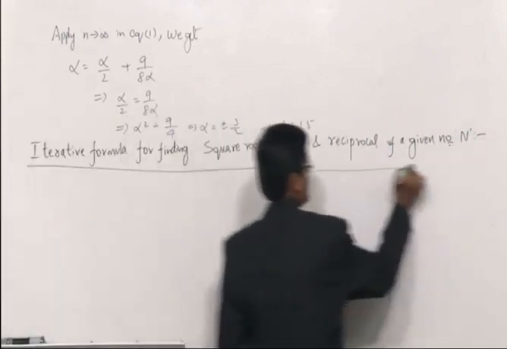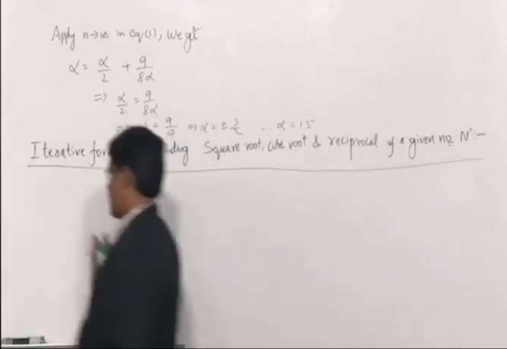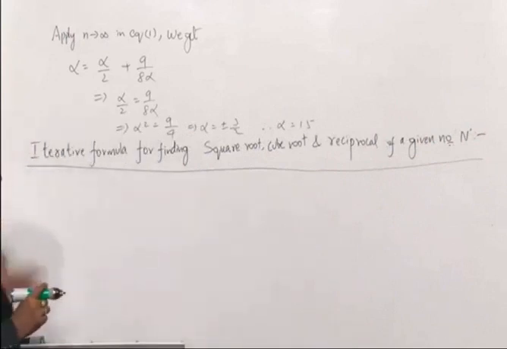Using the Newton-Raphson method, I am going to find the direct formula, the Newton iterative formula. After that, you will be giving n is equal to 0, 1, 2, 3 like that.